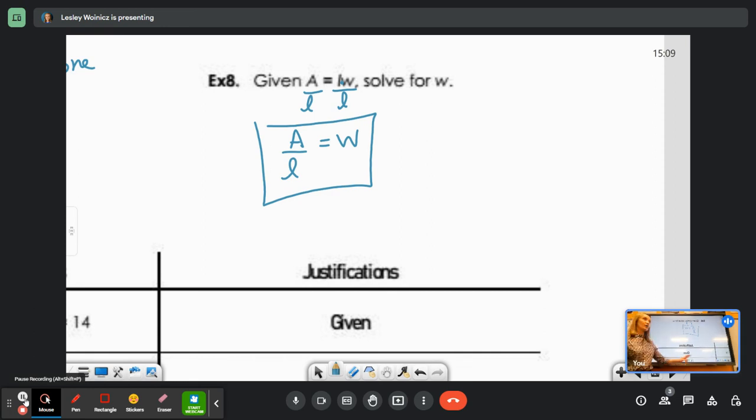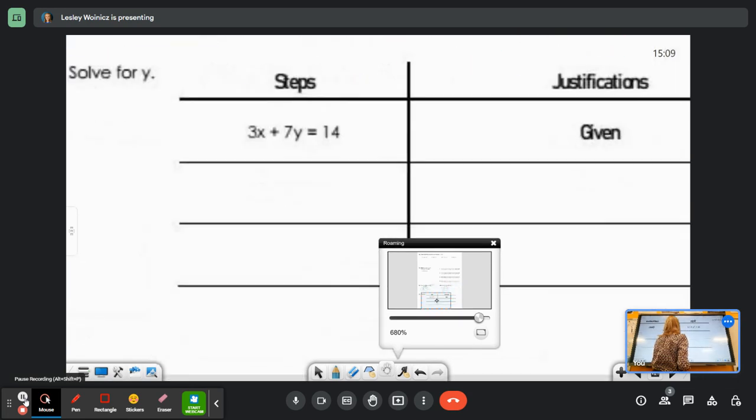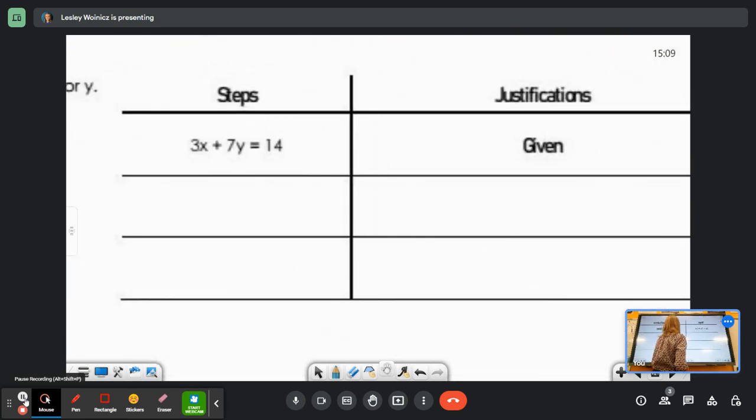Okay. Questions? Okay. Okay, we're leveling up. Okay, this time we are solving for y.